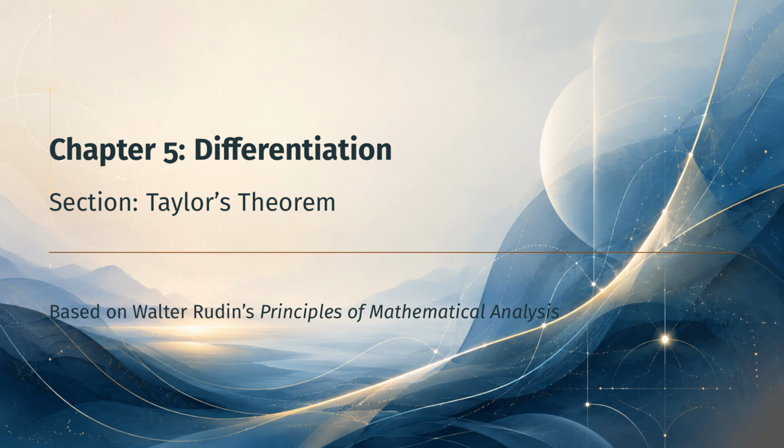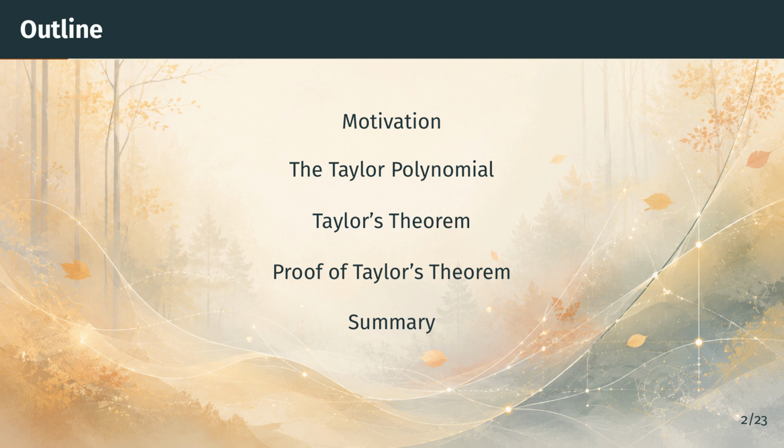Let's dive in. Here is the plan for this episode. We start with motivation. We revisit the mean value theorem and see how Taylor's theorem grows out of it as a natural upgrade, replacing constants by polynomials. We then introduce the star of the show, the Taylor polynomial, and understand the sense in which it is the best polynomial approximation to f at a point.